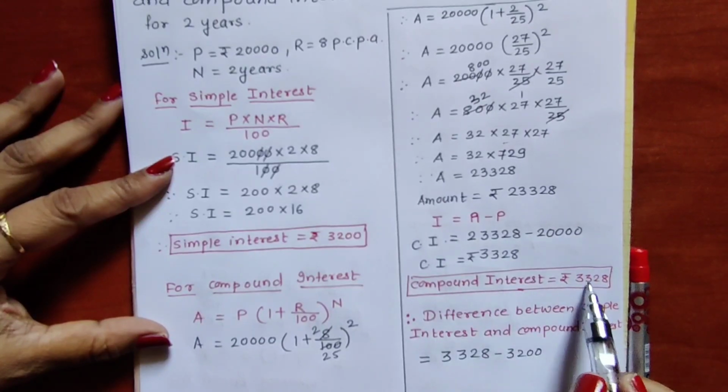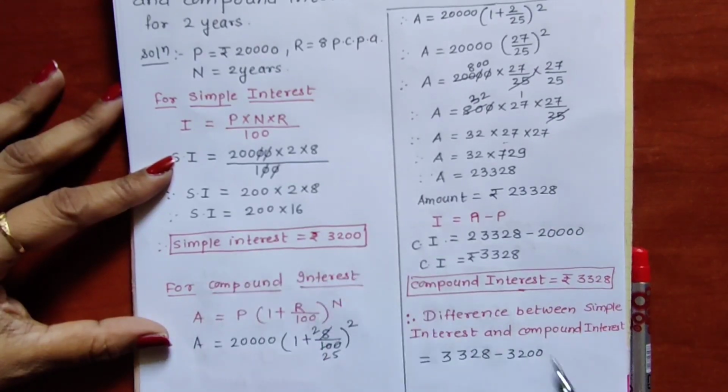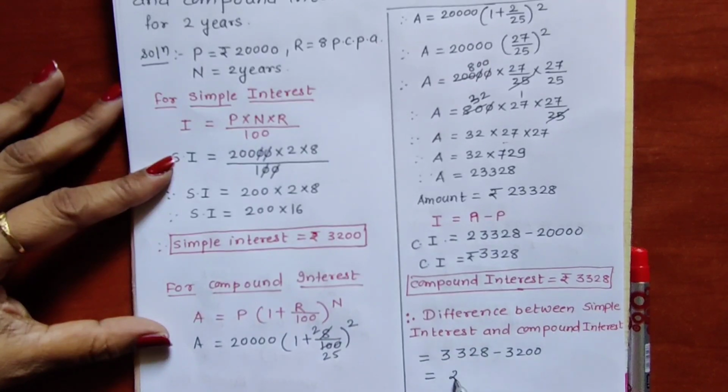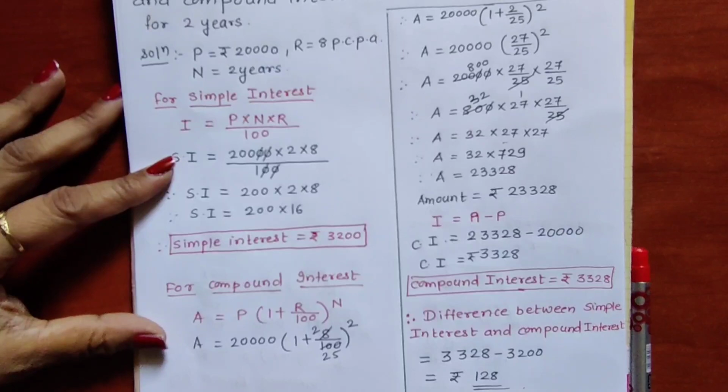Compound interest is 3328, simple interest is 3200. Answer is rupees 128. In this way we can get the answer.